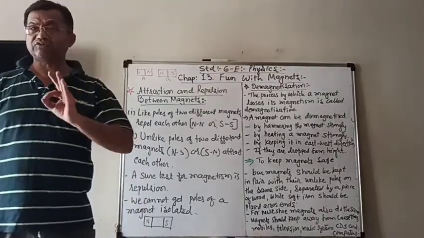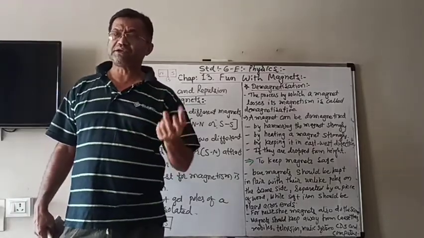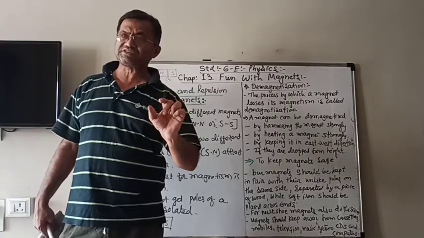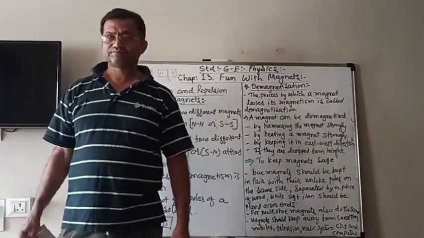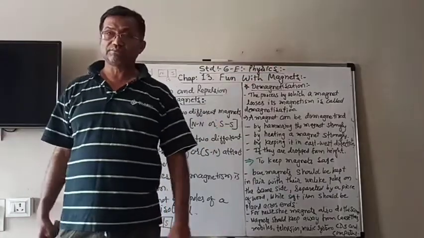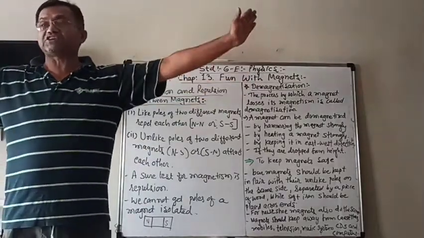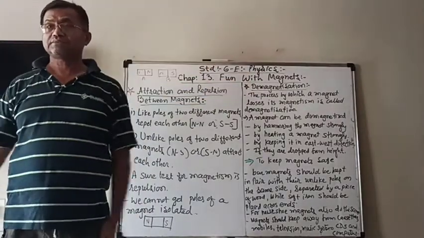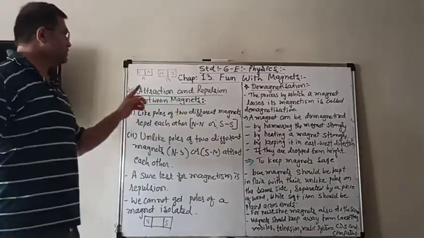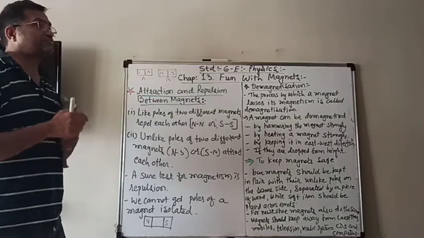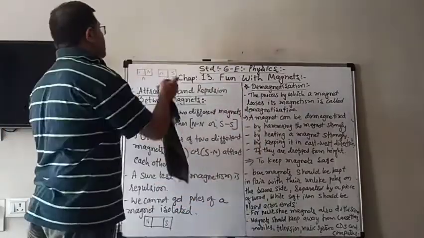So you will notice that when like poles, like means same poles, means north pole of both the cars or south poles of both cars, come together, they will repel each other. Means they will run away, the cars will go in opposite directions. But if you bring the unlike poles together, means N and S come together, then the toy cars will collide with each other.